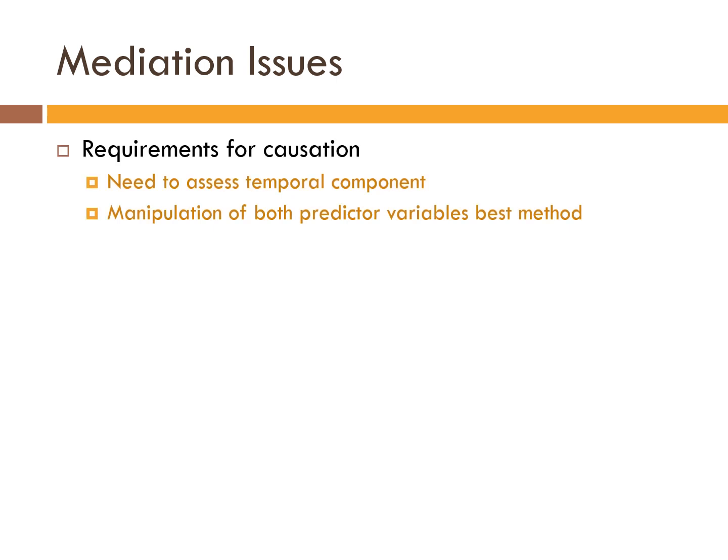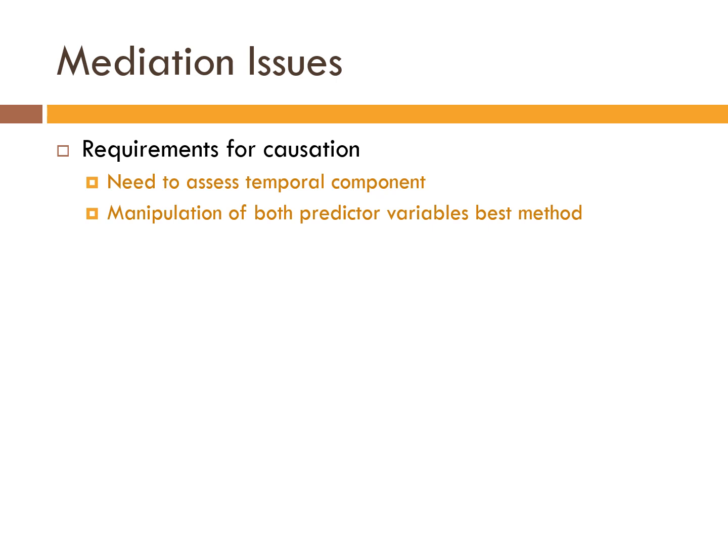The first is, what are the requirements for causation, which is that you always need to understand and assess the temporal component, that for causation to exist, one of the variables needed to have been affected or to have changed before the outcome variable. The predictor needs to have experienced variability that then resulted in variability in the outcome.